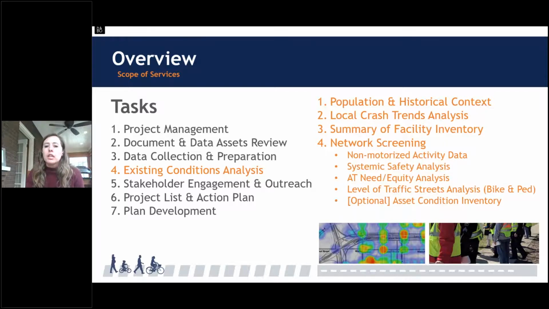So being able to understand what that might look like across your network, how you might be able to apply countermeasures across your system in this kind of systemic approach will be a great thing to be able to document in this kind of plan and help tie us more specifically with funding opportunities.